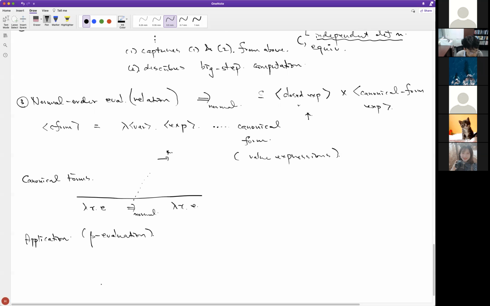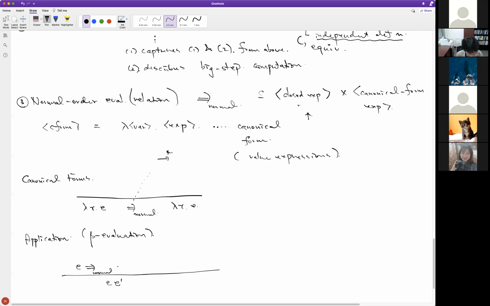So we say that if we have a lambda x dot e applied to e prime, then if you have an application in the language, we first evaluate the operator to get a canonical form.